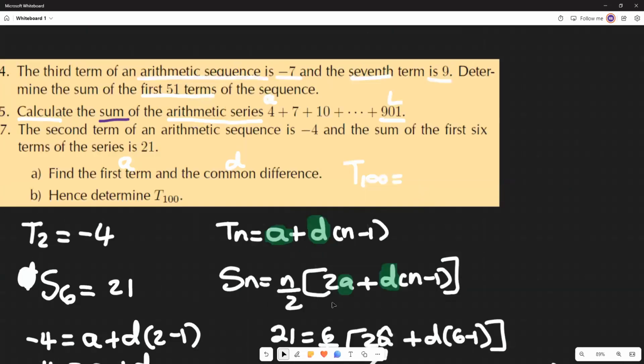So my a goes there, which is -9, then d is +5, and then we have 100 minus 1. That gives us -9 plus 5 times 99, which gives us 486. And that's it about this question.